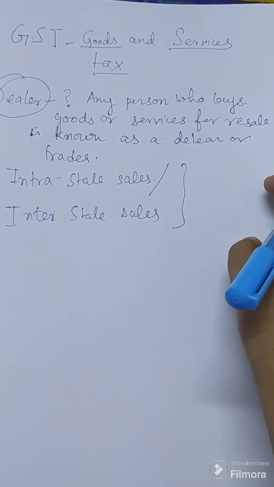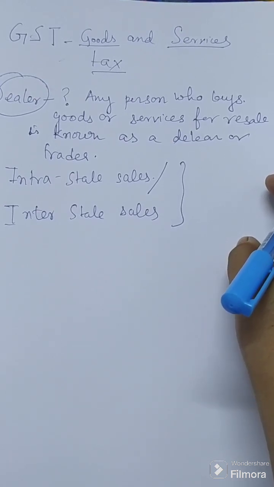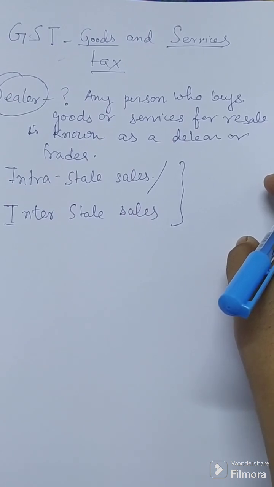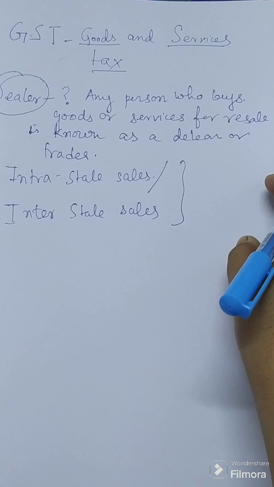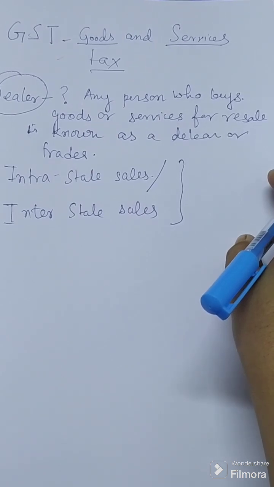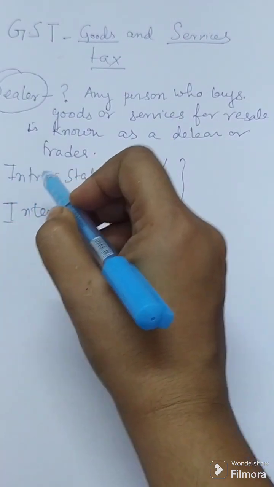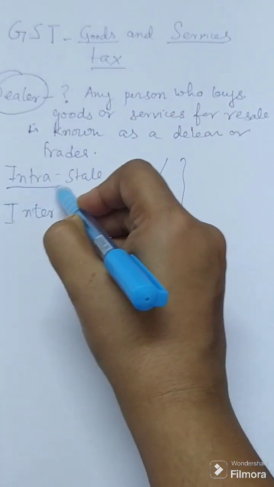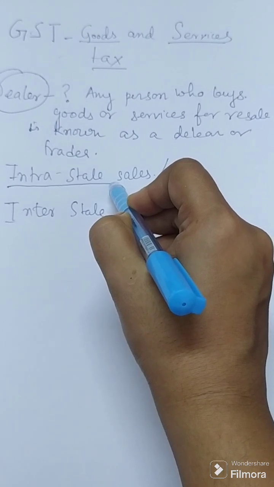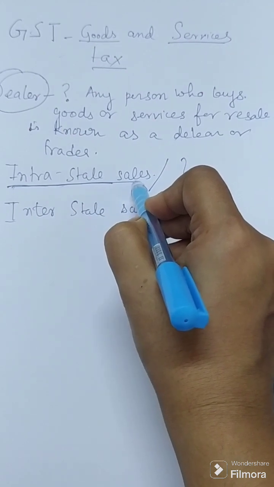As I told you just a few minutes ago, suppose you are a trader or a dealer of West Bengal, and you want to sell to the people of your own state, that means you are in West Bengal and you want to sell to the consumers of West Bengal, then it is within a single state. Then it is intrastate sales. Understood?